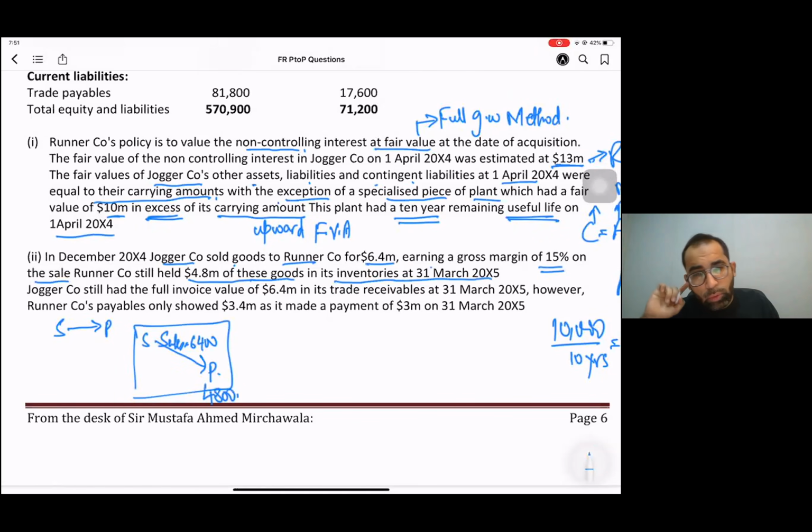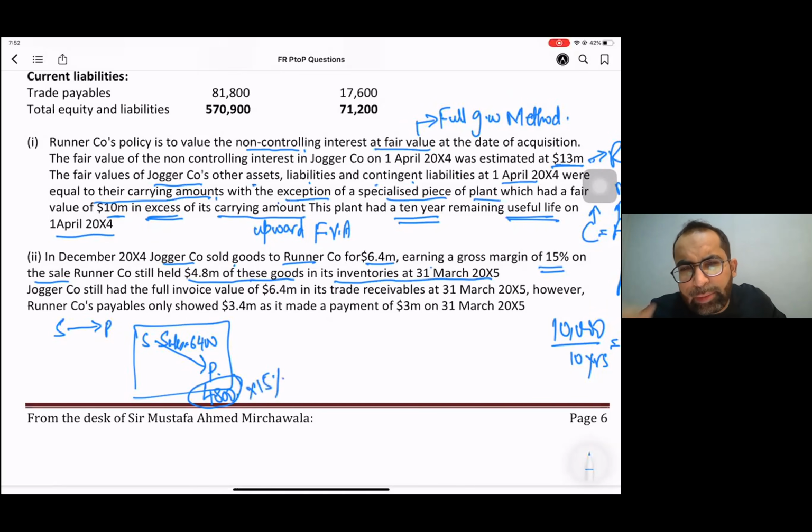There are different techniques of calculating URP, it's your wish how you do it. Some students do it directly. As the year-end unsold inventory is 4,800, URP is present inside this inventory, so you can directly multiply it with 15%.